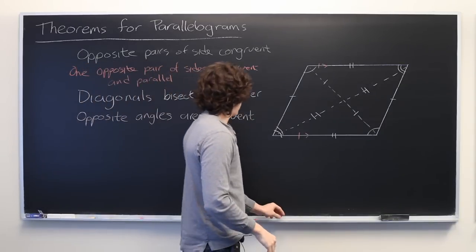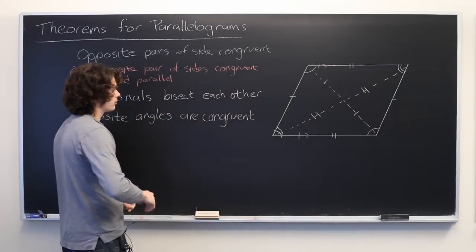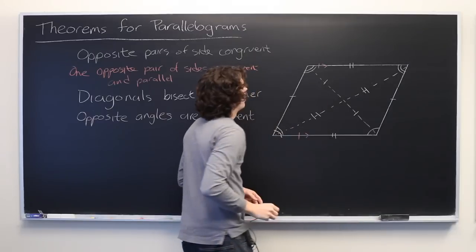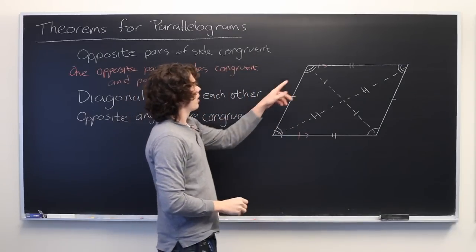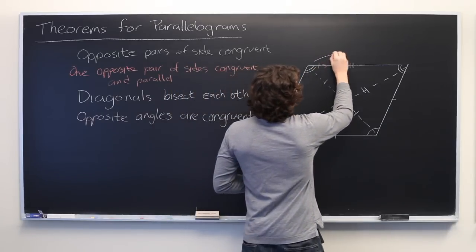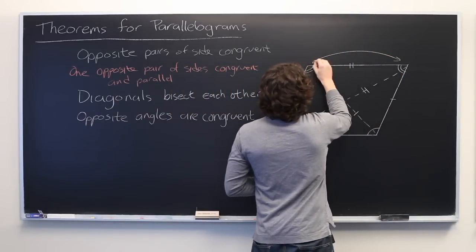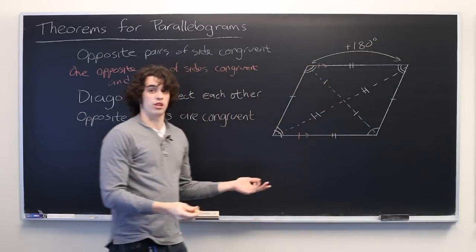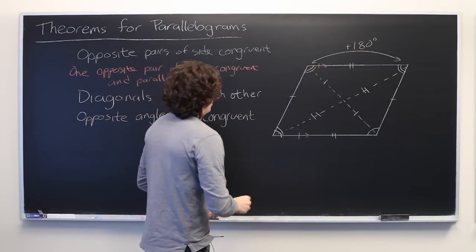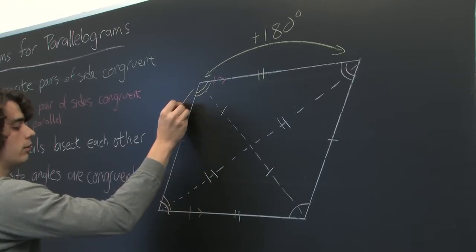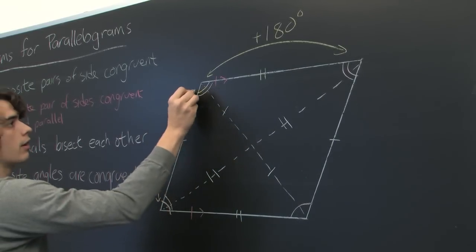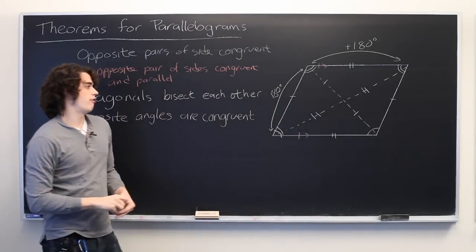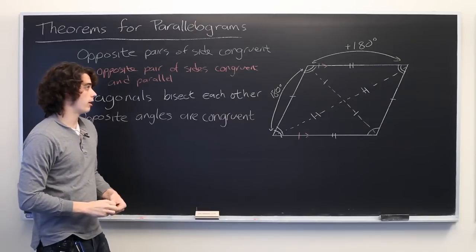Finally, what color haven't I used yet? Let's use yellow. So let's take a look at this angle here. If we know that this angle plus this angle add up to 180 degrees, in other words, that they're supplementary, and we also know that this angle and this angle are 180 degrees, then that's enough information to determine that a quadrilateral is a parallelogram.